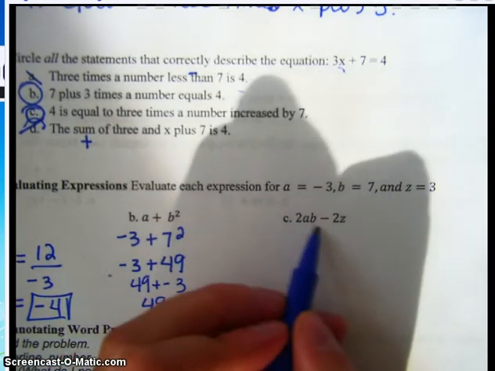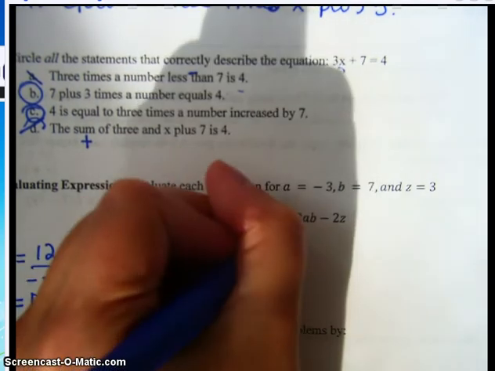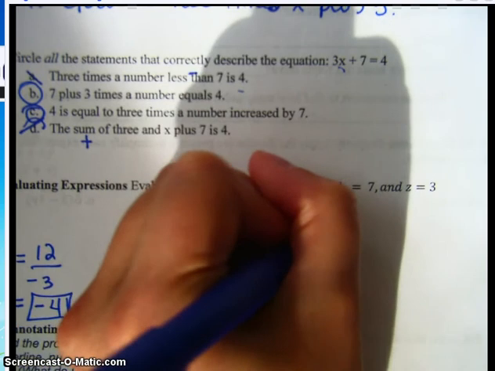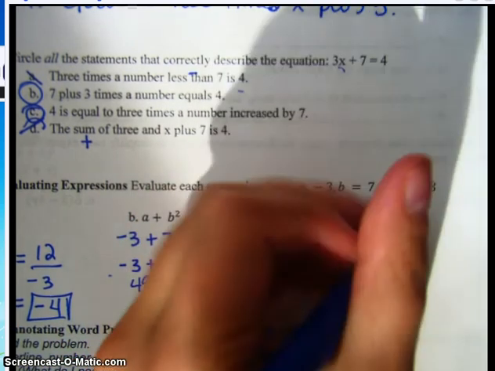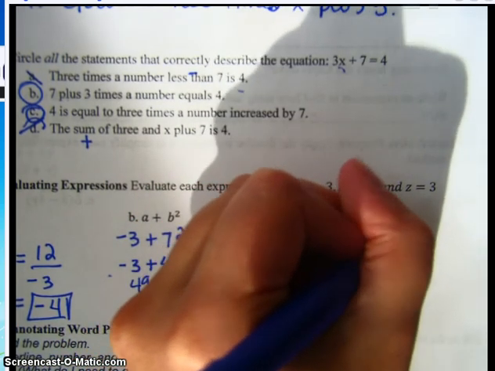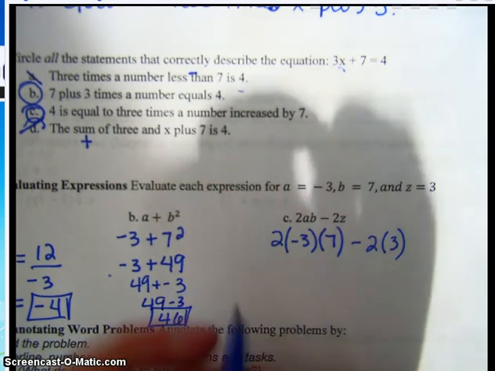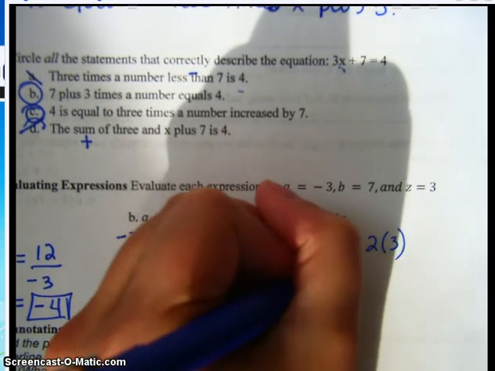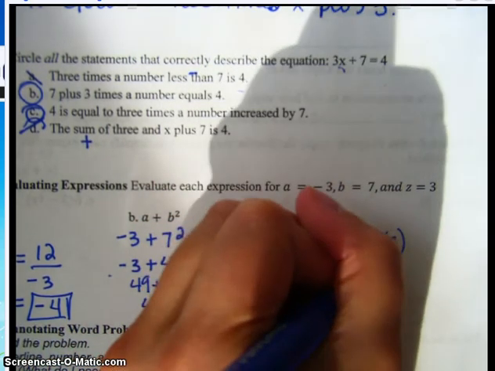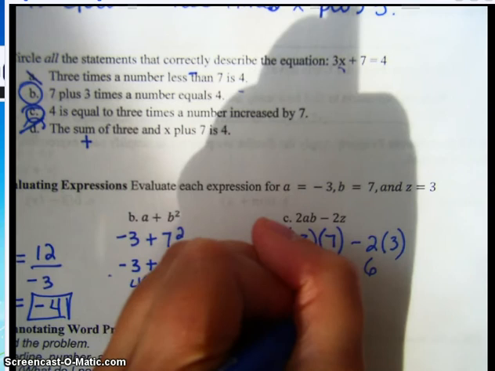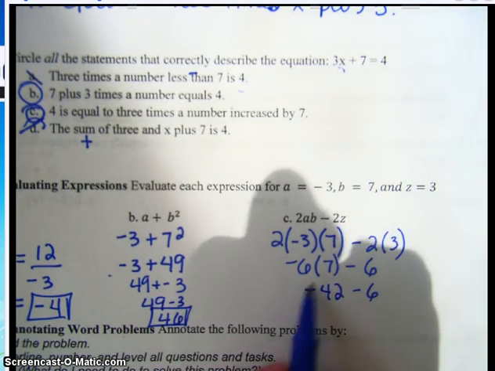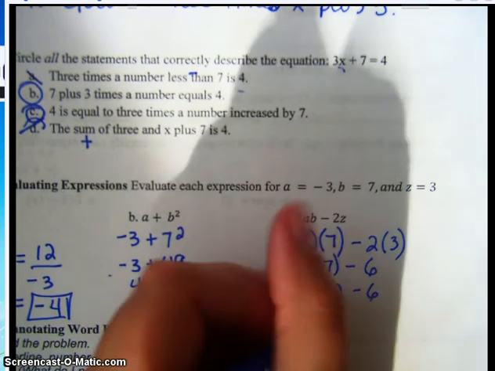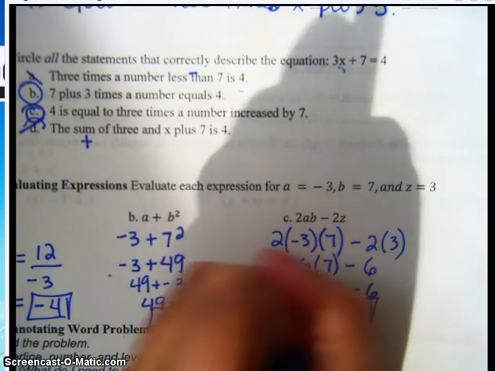C, when they're right next to each other, remember that means multiplication. So 2 times negative 3 times 7 minus 2 times z, which is 3. So 2 times negative 3 is negative 6 times 7 minus 2 times 3, which is 6. Negative 6 times 7 is negative 42 minus 6. Okay, so negative 42 minus another 6 is negative 48.